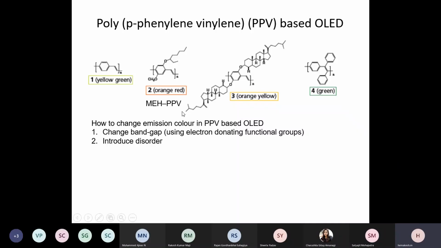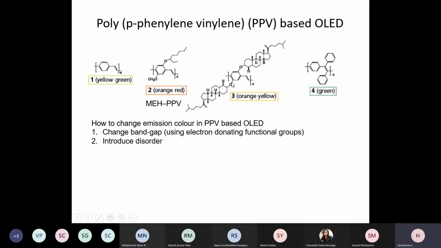These are actually cholesterol like compounds, not exactly cholesterol, but this is a structure that is very similar to cholesterol. So these cholesterol kind of functional groups, they introduce disorder in the system, and that also changes the band gaps in certain cases. By introducing disorder, you are forcing the gap between neighboring polymer chains to increase. That also changes band gap.